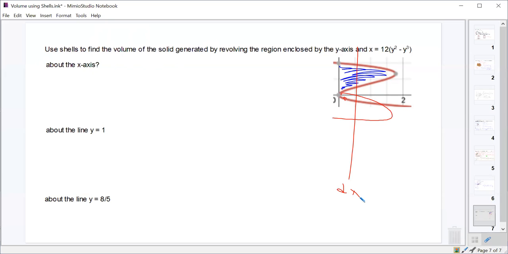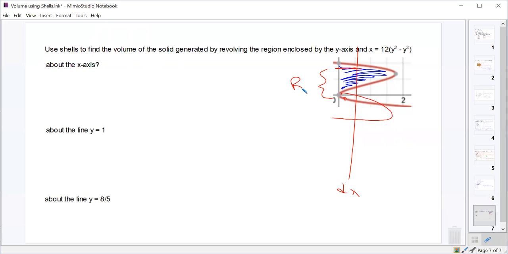And if I had to do this in terms of x, I'd have to find the radius. Well, the radius would have 2 different values, right? I have an outer radius and an inner radius because my region is not fully pushed up against the x-axis. So I'd have to have 2 radii. Well, the problem with that is the first radius is whatever this y value is. That's my outer radius.